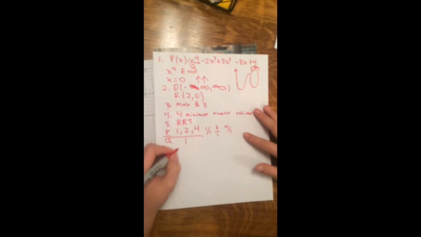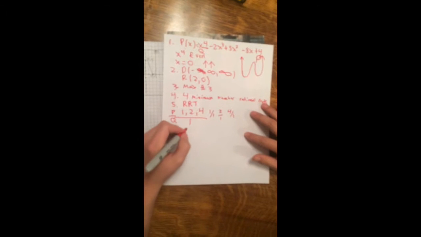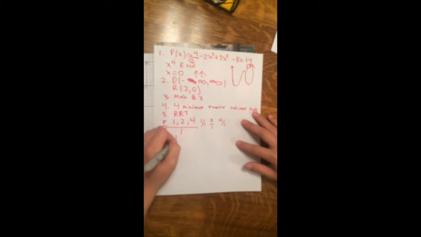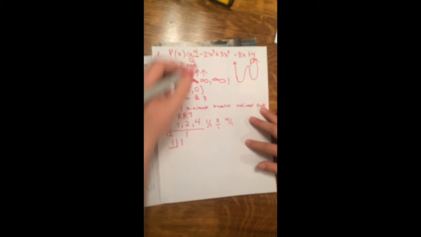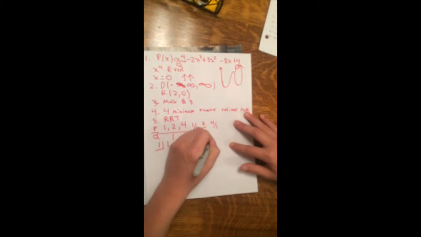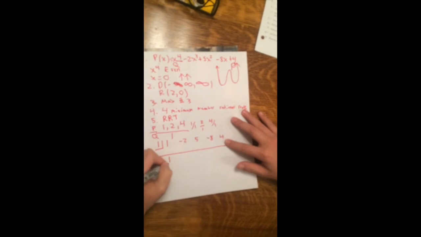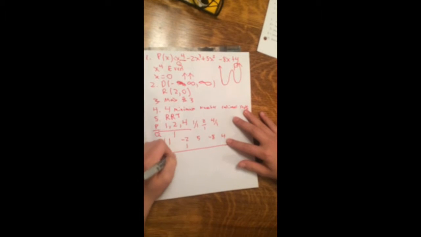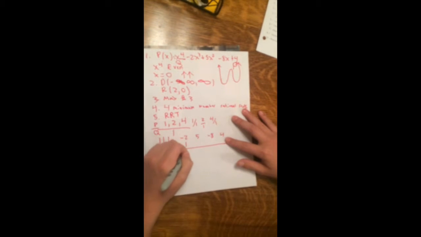And then now we're going to use synthetic division to find out what the x value actually equals. So let's start out with, let's just do 1. So you take the coefficients from the polynomial. For x equals 1, you take 1, negative 2, 5, negative 8, and 4. And then from here you drop down the 1 automatically. So 1 times 1 is 1, and you place the 1 over here, and then you add the negative 2 to the 1, so it becomes negative 1.